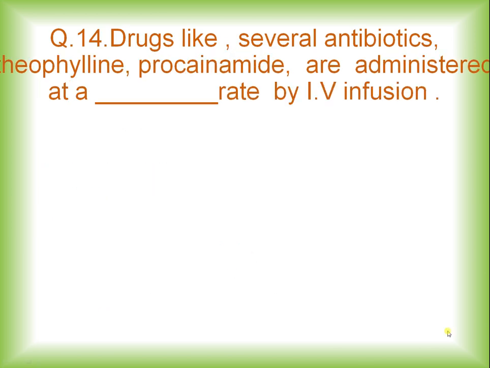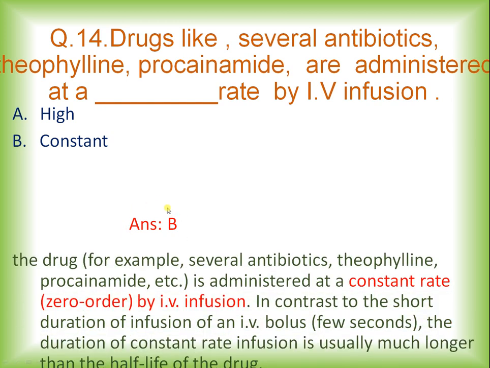Now question number 14: drugs like several antibiotics, such as theophylline, procainamide, are administered at a dash state by IV infusion. Now this question is related to the one compartment open model IV infusion. The options given are high, constant, and the right answer is option B, that is constant.